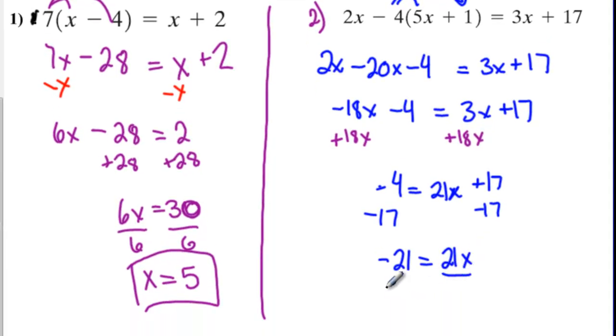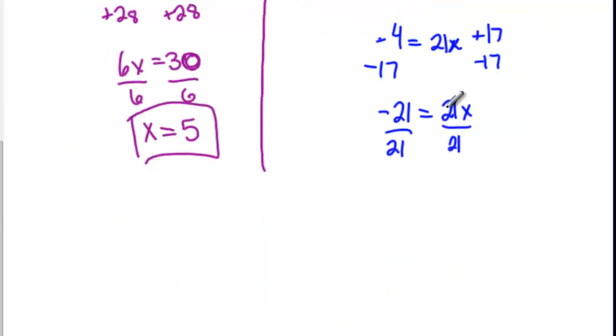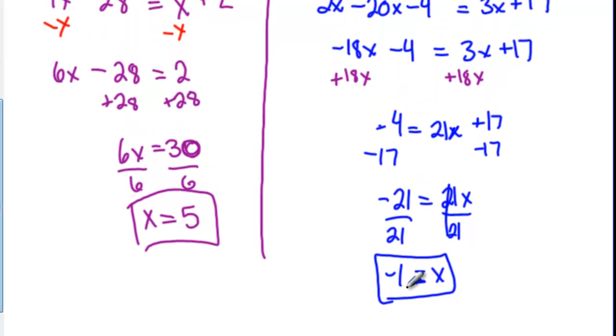And divide, and what do you guys get? All right, everybody get negative 1 for that one? Okay. So this is another example where if you wanted to plug it back in and check, you could, to make sure you got a true statement, meaning both sides were equal, because the negative could be tricky.